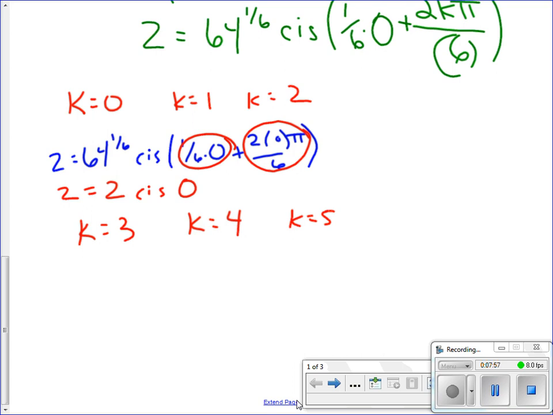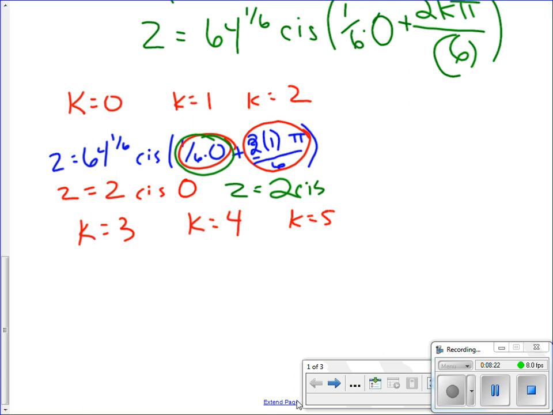So now let's do when k is 1. So when k is 1, my modulus will still be 2, 64 to the 1/6 power, cis 1/6 times 0 is still 0, plus this number here, it's now a 1. So I'm just going to erase it and make it a 1. Now k is 1.